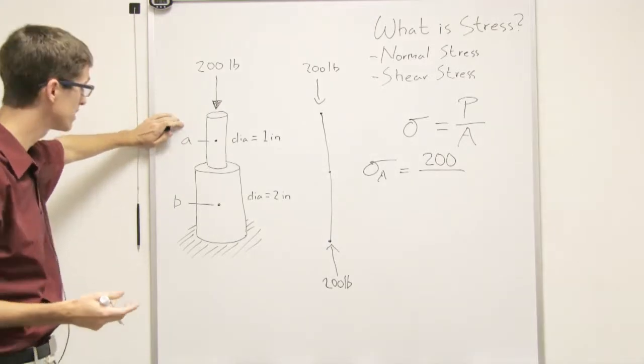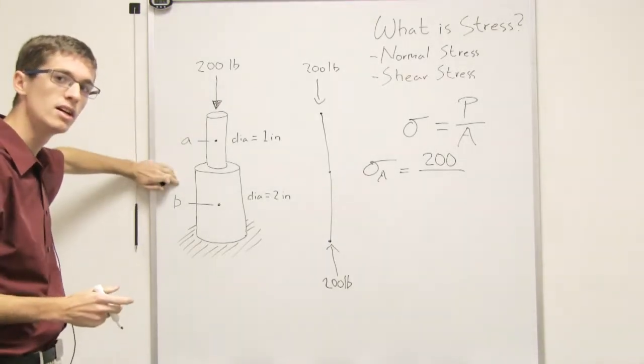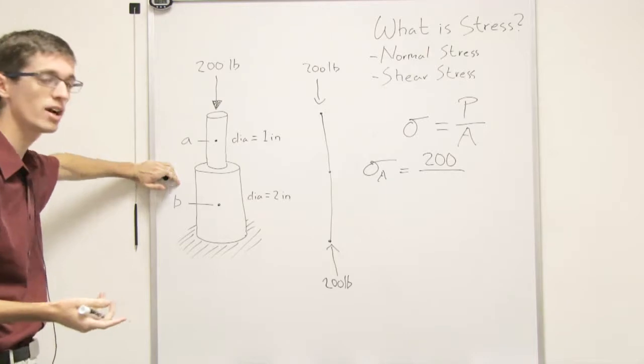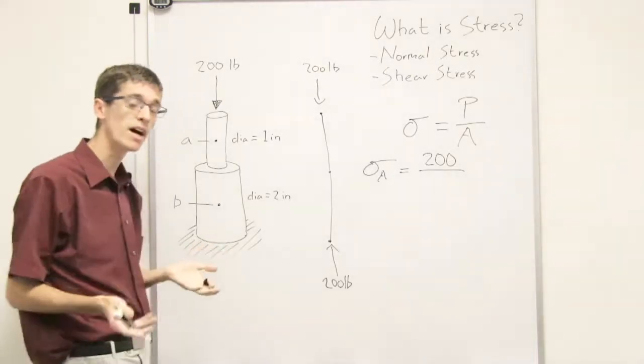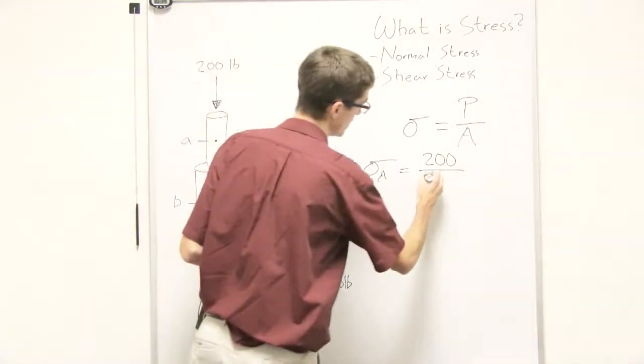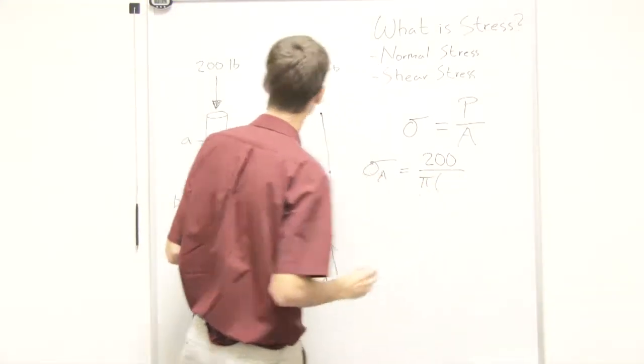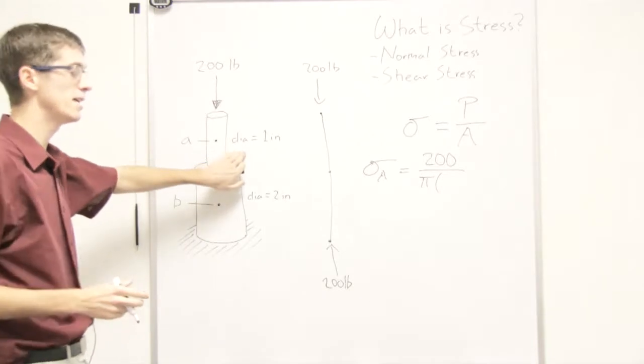It's a circle; they're both circular cylindrical pieces, so the cross-sectional area will be pi times the radius squared, where the radius is half the diameter.